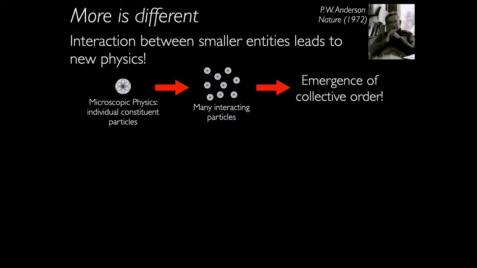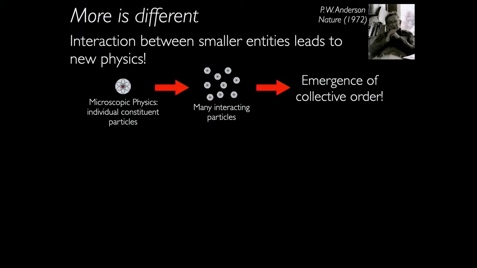You can think of more exotic interactions giving rise to superconductivity or superfluidity, which are very well studied problems in physics. And these are all equilibrium systems. Basically, the system is connected to some temperature bath.